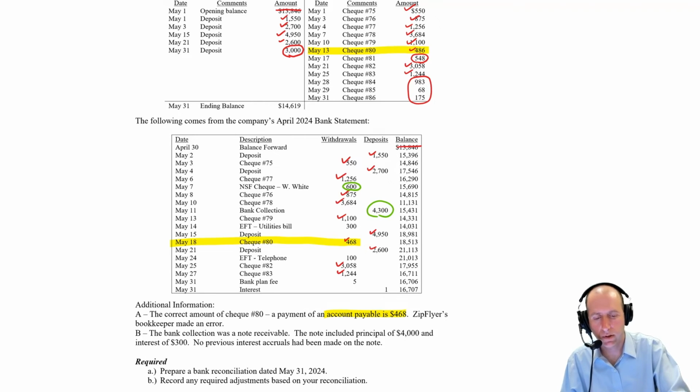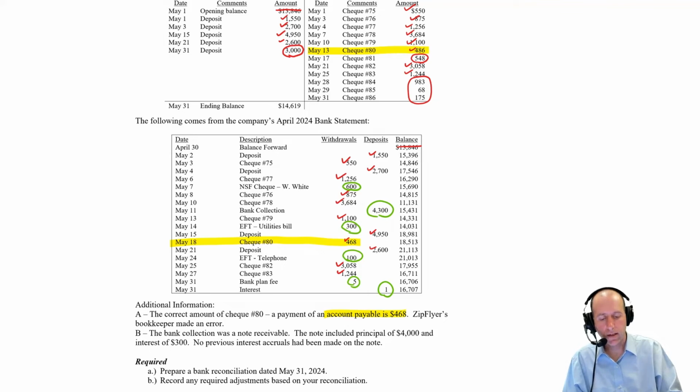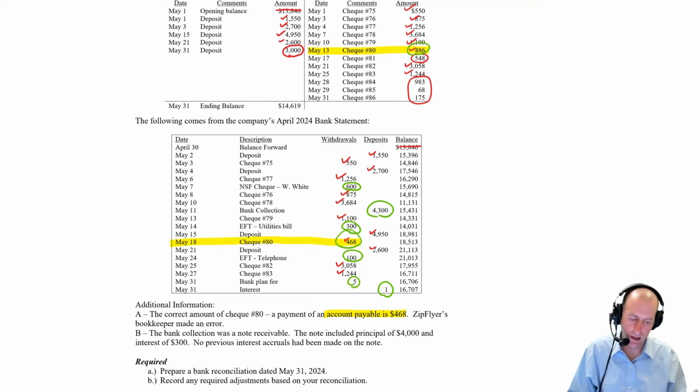$4,300 deposit, which we already established was not there. $300 withdrawal, $100 withdrawal, and this 5 and this 1. So these 6 items, plus we have this different amount. Those are all things that are going to warrant a little bit of a closer examination.